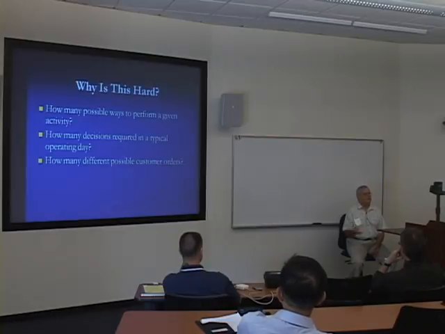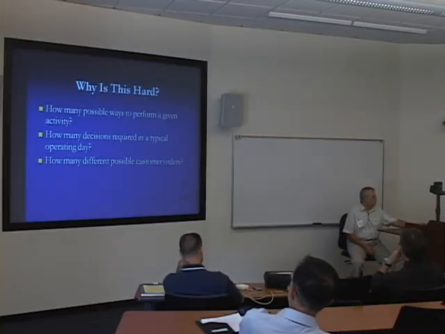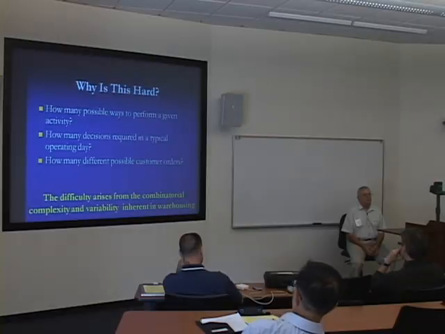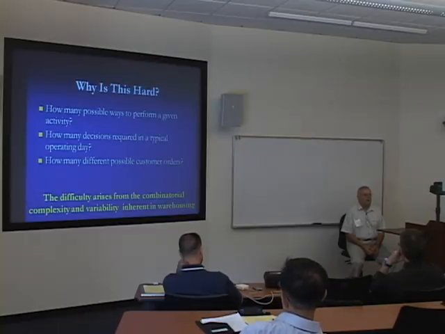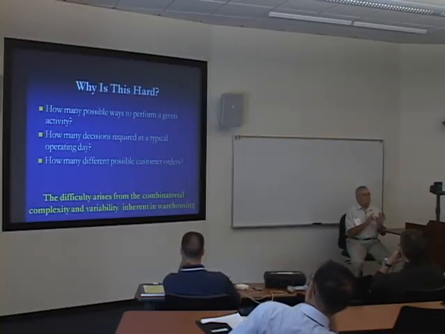How many decisions have to be made in a warehouse on any given day? Just an enormous number of decisions about how to batch orders, how to route the pickers, when to replenish, just an enormous number of decisions. So the problem with warehousing is one of combinatorial complexity. There's simply so many ways to do things, and we don't have a good way yet to sort out that complexity, to make it easier for us to see what is the fundamental problem.